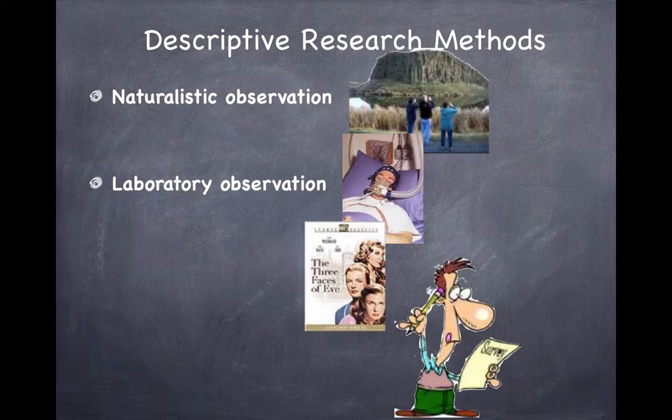Laboratory observation is behavior that's studied in a laboratory setting, allowing more control or use of precise instruments. In university, I volunteered for many scientific pieces of research from psychology students, and I remember one where they were testing for sleep cycles and dreaming. You'd come into a lab, be hooked up to some wires and breathing measuring tools, and you'd go to sleep at the university in a laboratory.